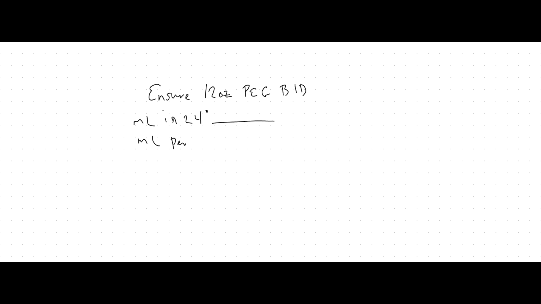So it's asking us for milliliters, and our order is in ounces. How am I going to convert that? What am I going to multiply it times? 30. So 30 times 12 is 360 milliliters per feeding.